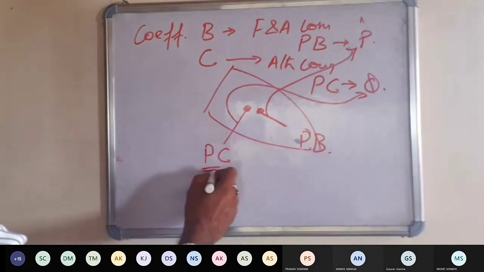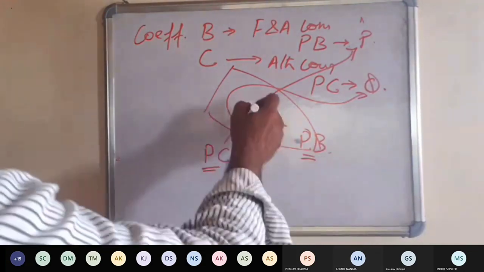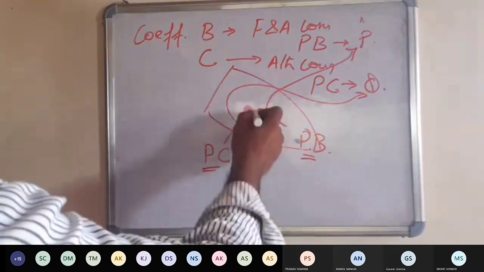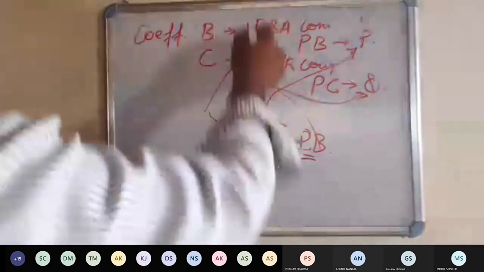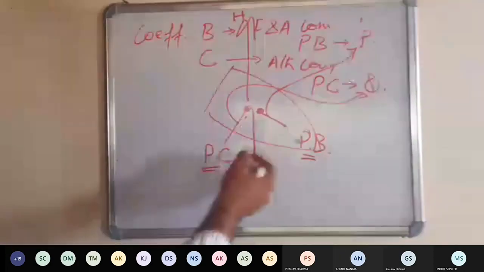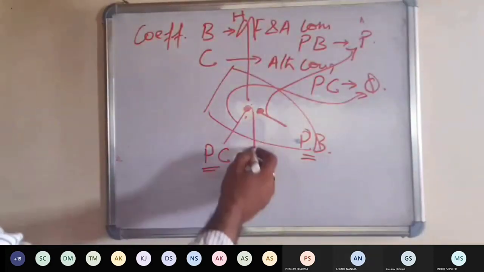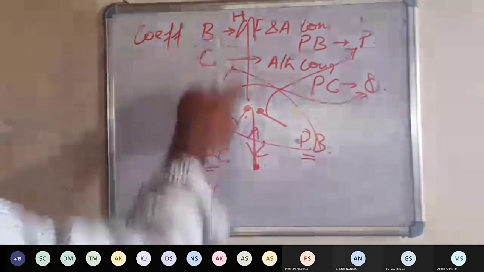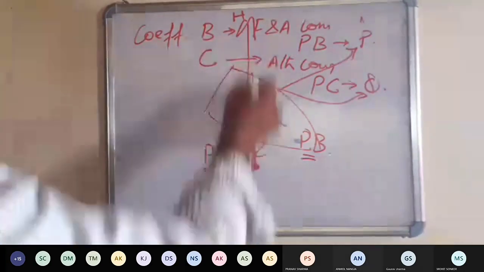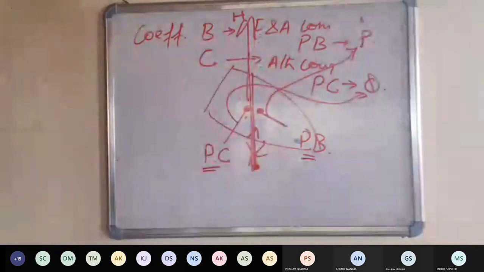The combined effect of PB and PC is that it is having a direction like this, which is in the same line as H. That means either it is going to add to this H or subtract from it, but the direction will remain the same.